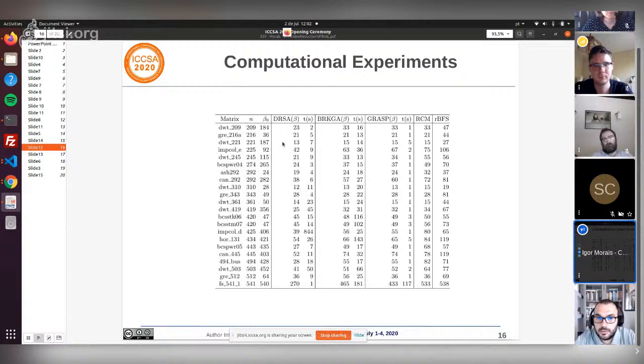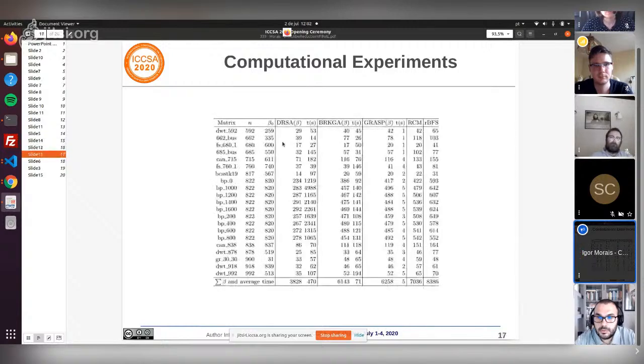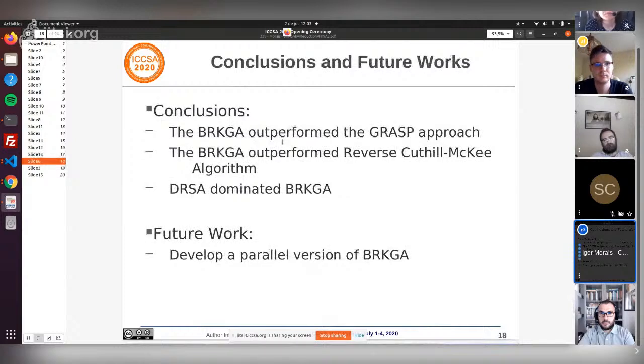To the RSA, we were surpassed in all solutions. For the second set of matrices, we lost only on 2 and surpassed all the others from GRASP and RCM, but lost again to the RSA. The BRKGA outperformed the GRASP and the reverse Cuthill-McKee, but was dominated by the RSA.